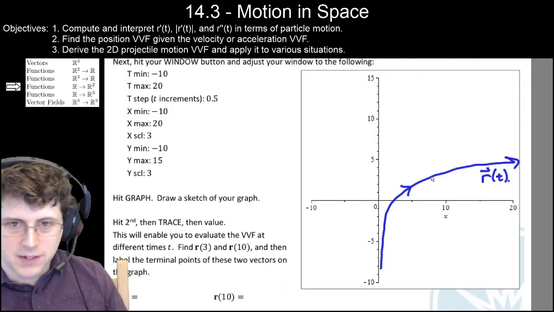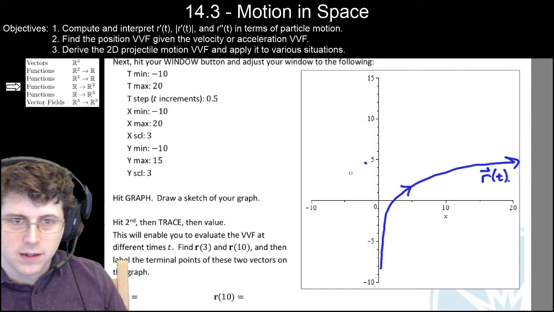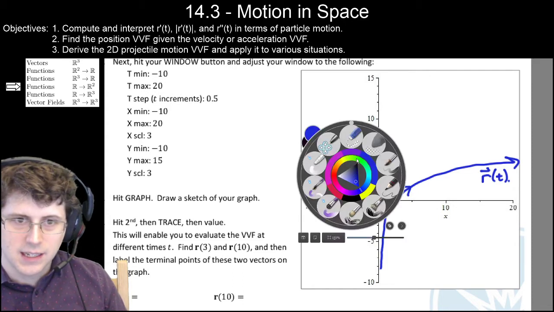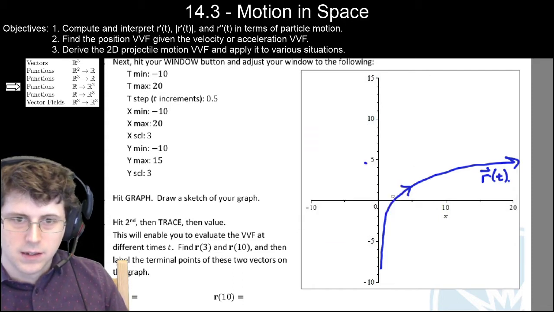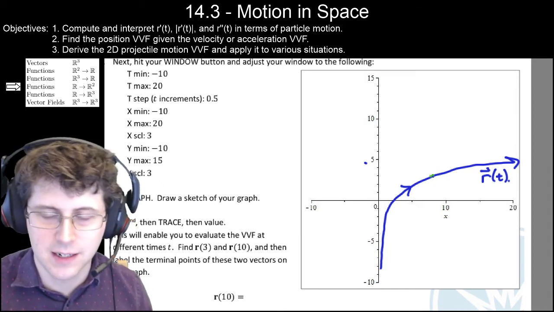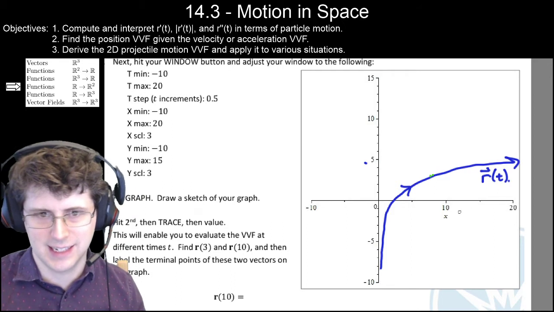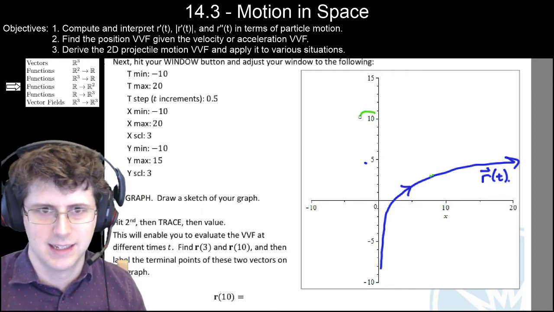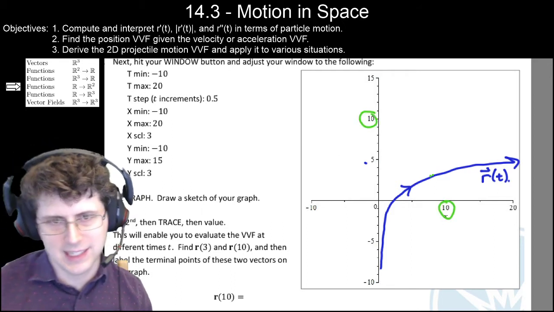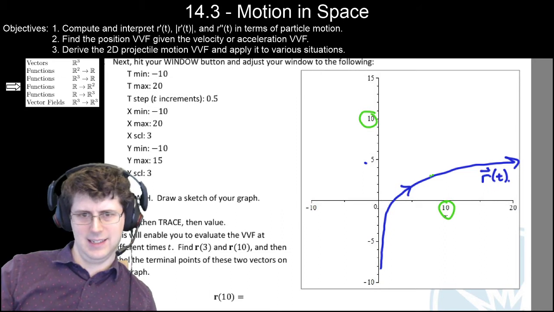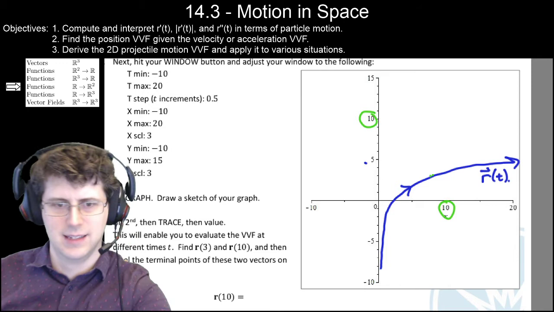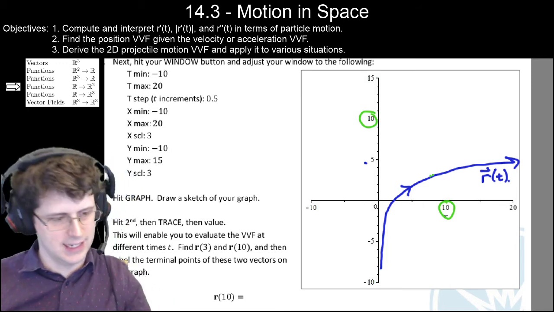So at y equals 3, let's get a different color for velocity. At y equals 3, I want a velocity vector. Oh my gosh, the scale on this. Is the scale equal? I guess it is.